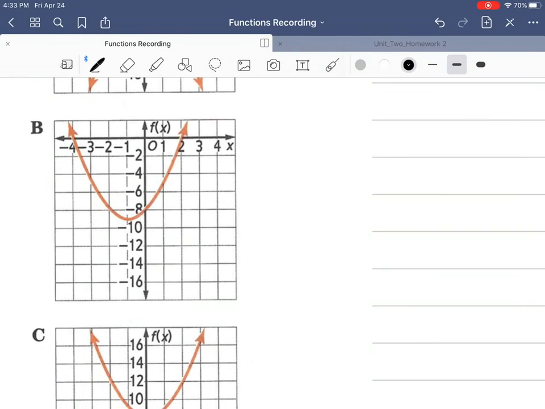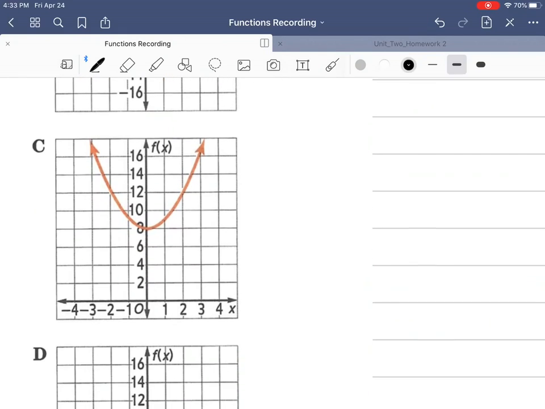Now, they're trying to trick you here. This part's correct. They want you to focus on the minimum of the parabola, which is actually at negative 9. But that's not where it's crossing y. It's crossing y at negative 8. So the negative 8 is also good to go.